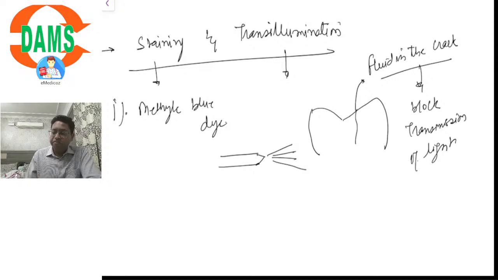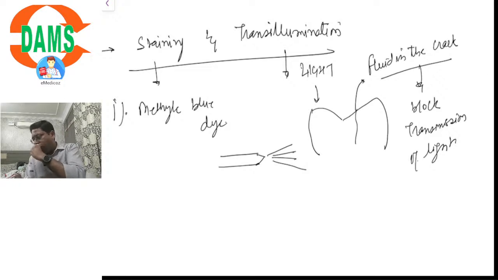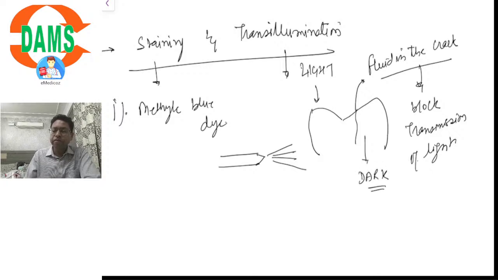So this part would appear light, and this part would appear dark. The proximal part would appear light, and the distal part after the crack would appear dark. And this is done entirely in a darkened room. We switch off the operatory lights so that the only light in the operatory is the light which is used to illuminate the tooth structure.